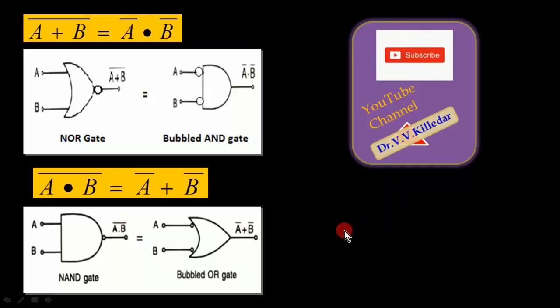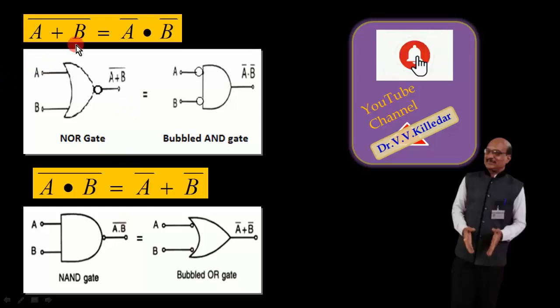Now let us consider the equivalence between the first theorem and second theorem. So this is the equation for De Morgan's first theorem. It tells that the NOR gate is always equivalent to a bubbled AND gate.